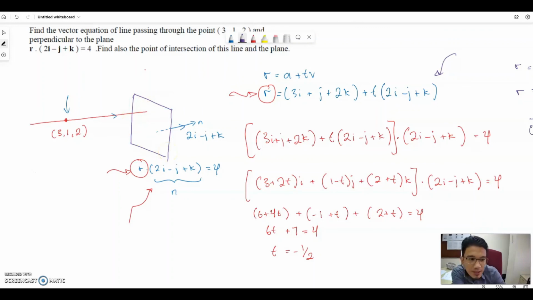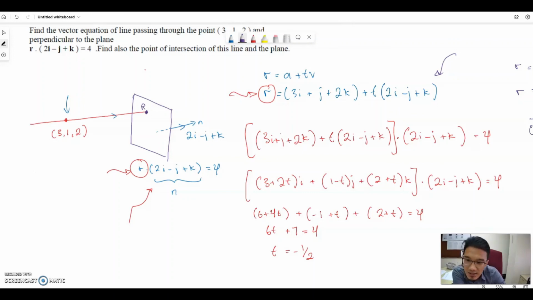So when we substitute the r from the straight line into the equation of the plane, we are actually saying that the r from the straight line is at the same place as the r from the surface of the plane.